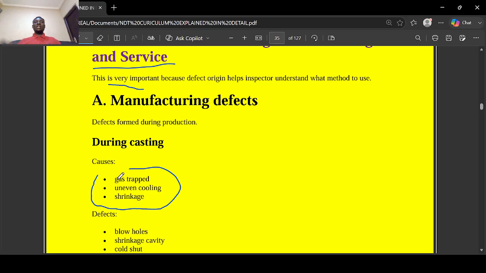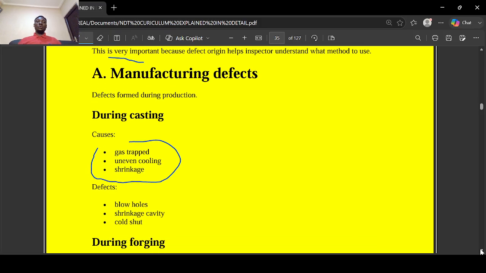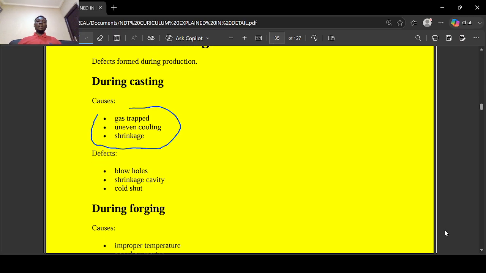Some side is cooling while some side is hot. Then shrinkage. So these are the discontinuities mainly found during casting. The defects are blowholes, shrinkage cavity, and cold shut.